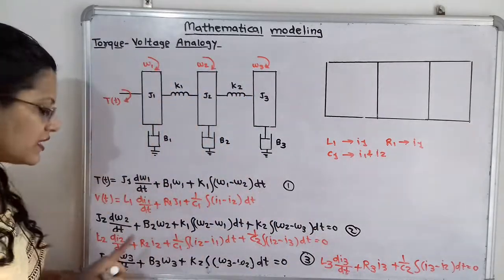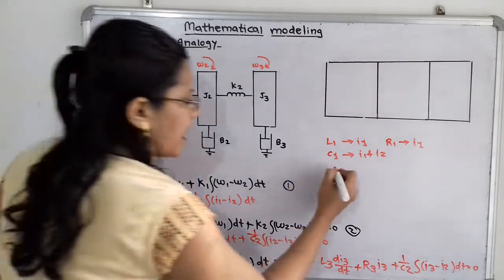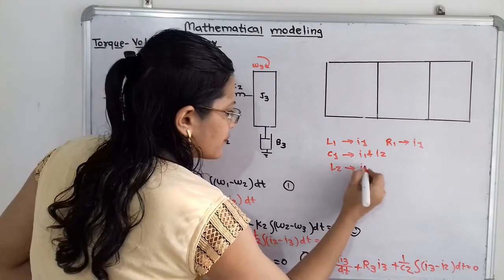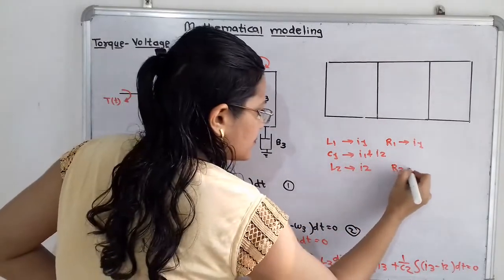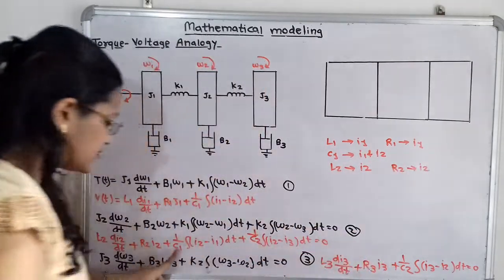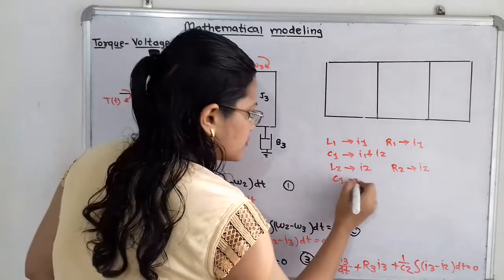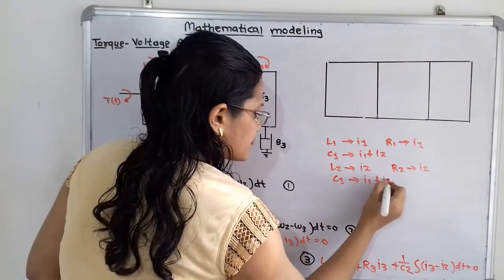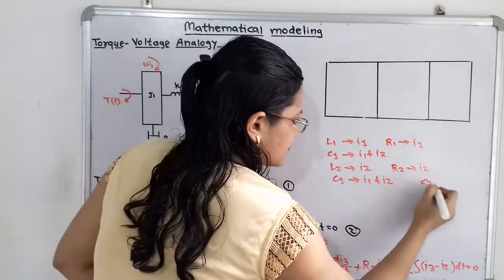Now we will move to the next differential equation. L2 is along the current I2. Then R2 is along current I2, and C1 is in between I1 and I2. And C2 is in between I2 and I3.